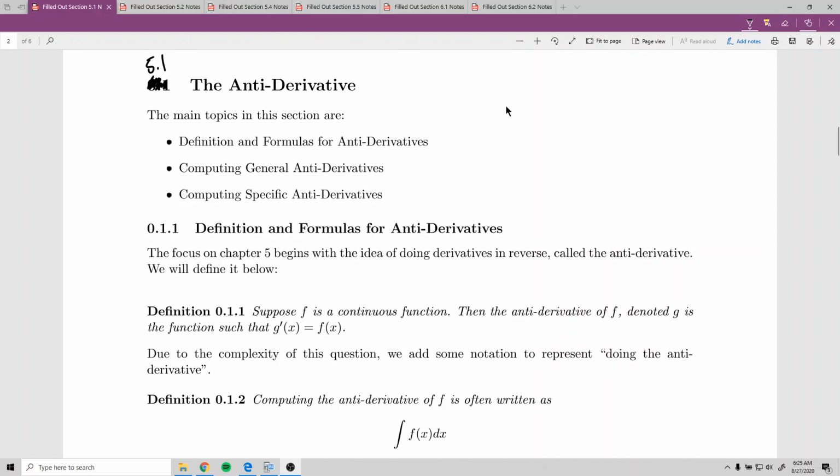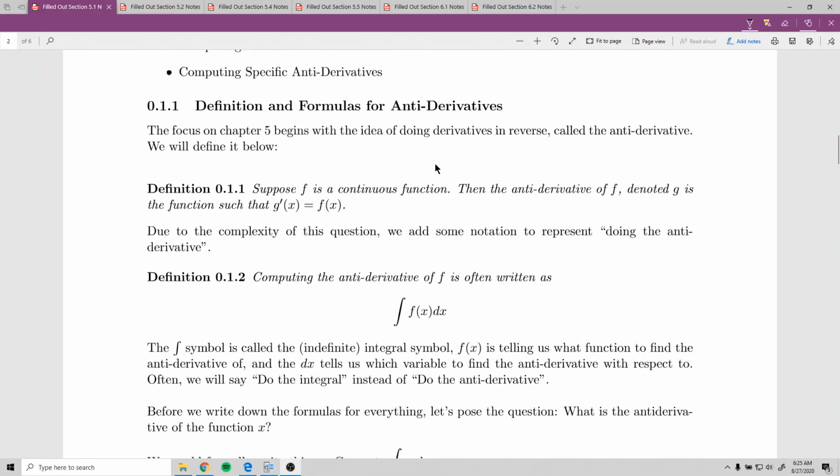All right, but before we get there, to explain what any of those mean, what is an antiderivative? Well, ultimately, kind of like by its name, you might be able to figure it out, but the idea of antiderivatives is doing derivatives in reverse.